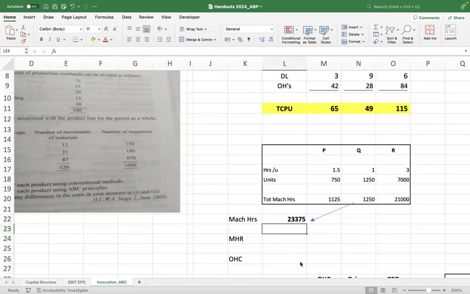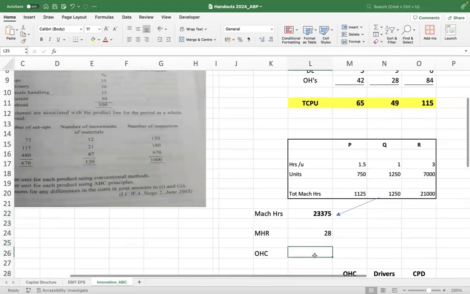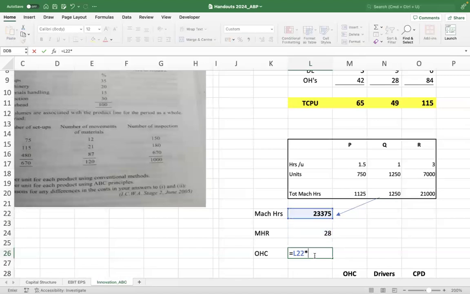The question is, what struck me that मैंने अभी पहले machine hours को calculate किया, because मुझे rate per hour दिया हुआ है. So if you multiply the absorption rate per hour with the machine hours, you will get the overhead cost, isn't it? So 28 rupees per hour का machine hour rate है हमारा. 28 rupees per machine hour multiplied with the total machine hours, आपको क्या मिलेगा?